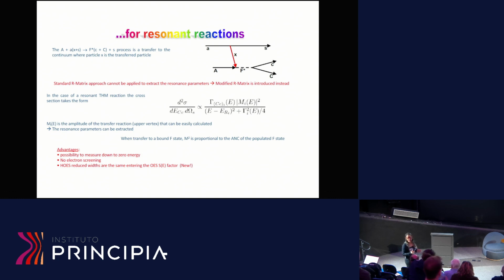You're measuring a transfer reaction, okay? And this is something that you can easily measure from experiment. And then this is exactly the gamma in the output channel. So it's like you are doing a two-body reaction, essentially. And this gamma is really the gamma of the resonance, the total gamma. Ah, it's the total. Yes. Okay. Thank you.